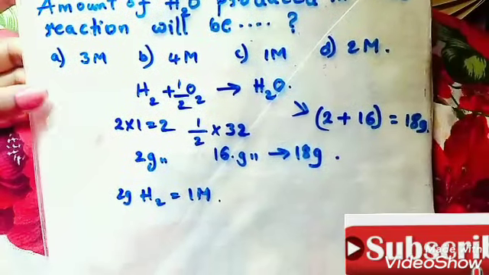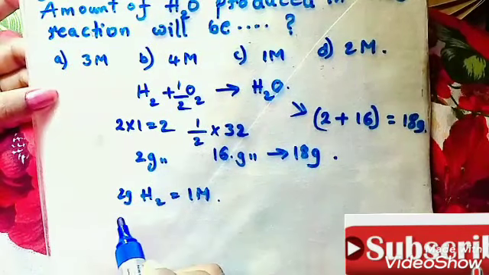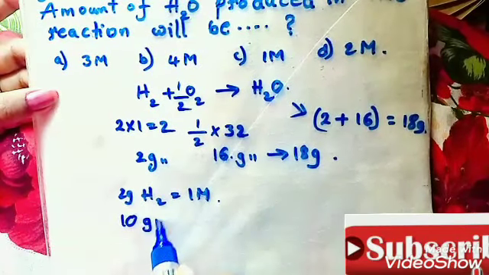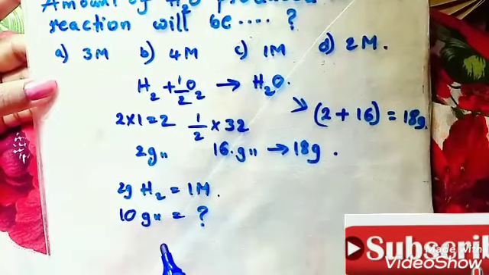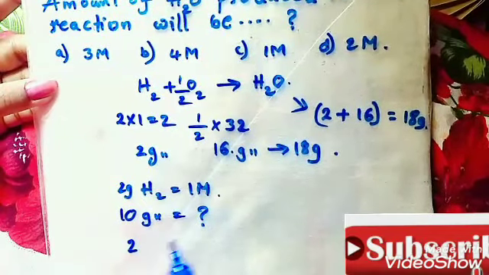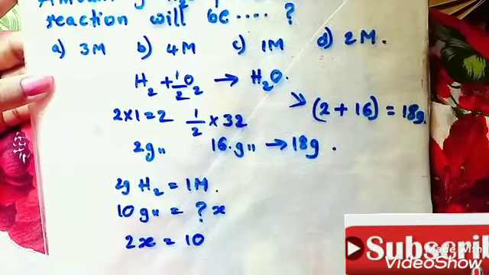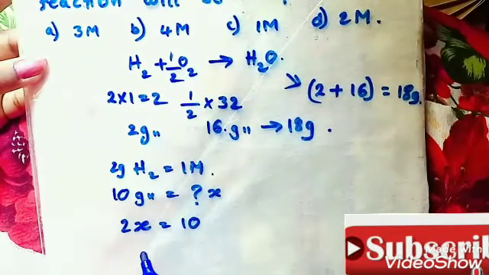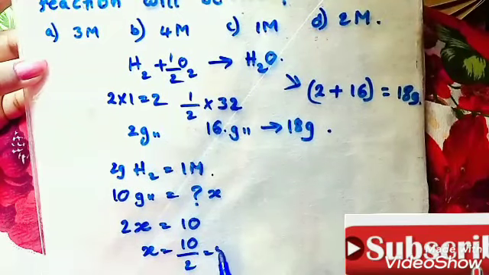For 2 grams of hydrogen, that is 1 mole. For 10 grams of hydrogen, how much? Let it be x, then 2x is equal to 10. By cross multiplication, x is equal to how much, students? Nearly 5 moles.